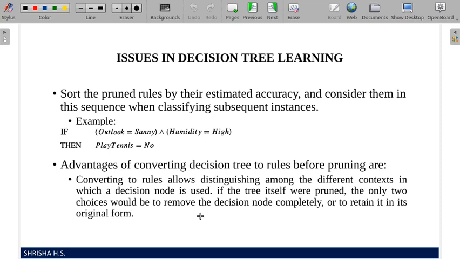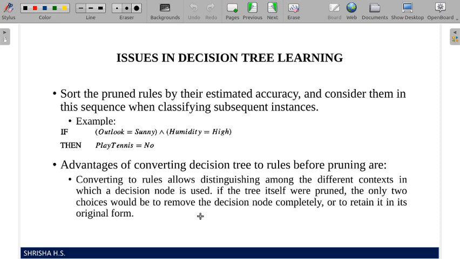Outlook equal to sunny, wind equal to strong, play tennis equal to no. That's another path. Outlook equal to overcast, play tennis equal to yes. That is one path. Outlook equal to sunny, humidity equal to normal, play tennis equal to yes. That is another path. Each branch from root to leaf becomes a path, and that's how we go on making rules.